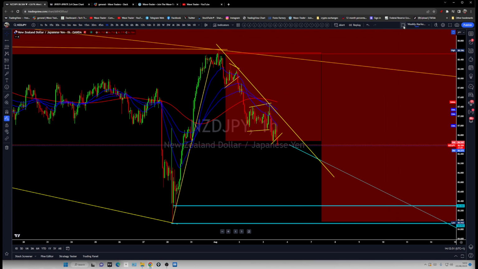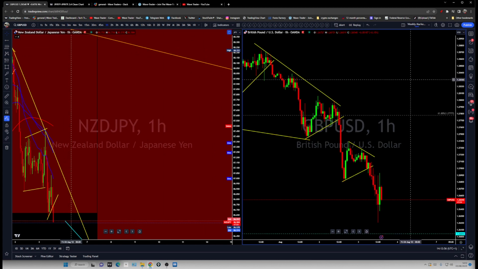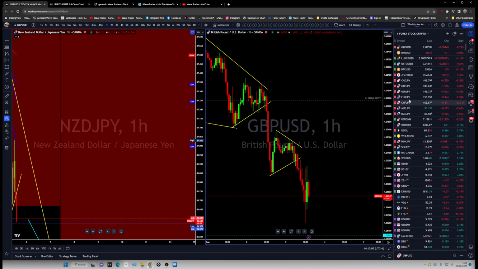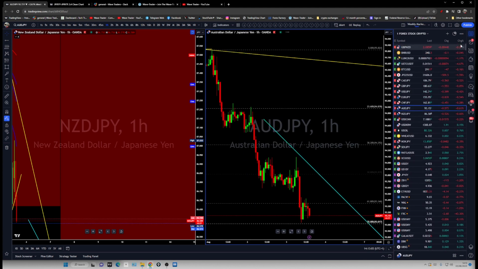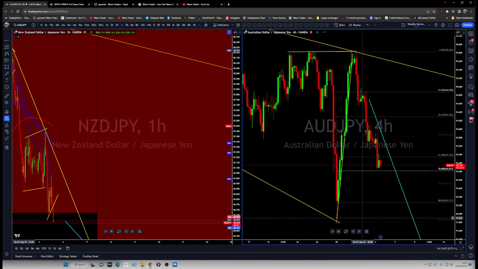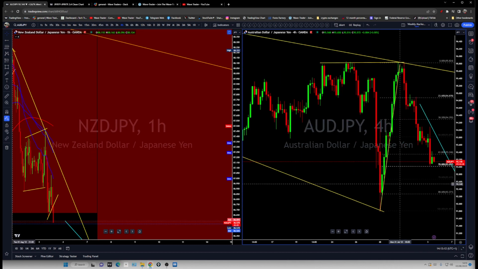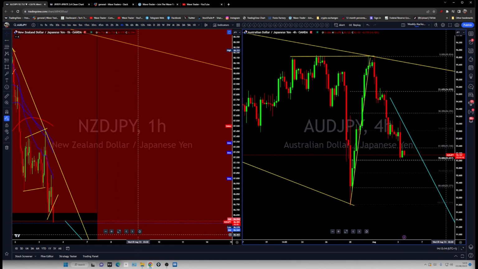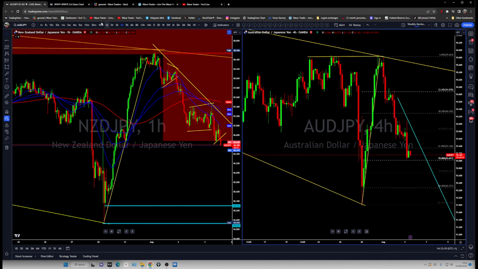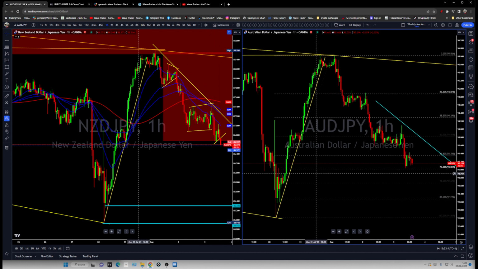If I pull out the Aussie yen chart again on my right side, on the 1 hour time frame, and look at that chart, we're going to get the idea of what's happening on the Australian dollar. So I told you the other day, guys, that when the Reserve Bank of Australia did not raise the interest rate, and we saw a significant drop on the Australian dollar, that was a sign that the risk-off wave was building up over there, or we can say that the Fitch rating news was building up to come.